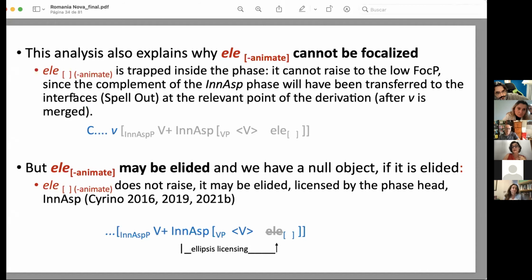Now, this explains why ELI minus animate cannot be focalized, because then it's trapped inside this V inner aspect phase here. And ELI minus animate may be elided as well. Maybe we may have a null object here because by the same token it's there, and it may be elided at this stage of the derivation.